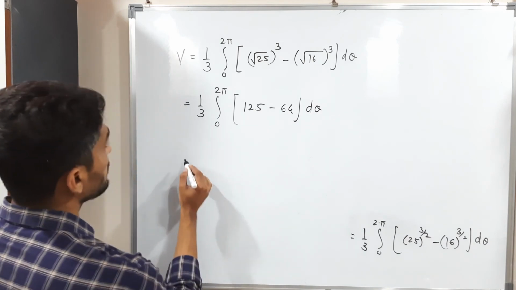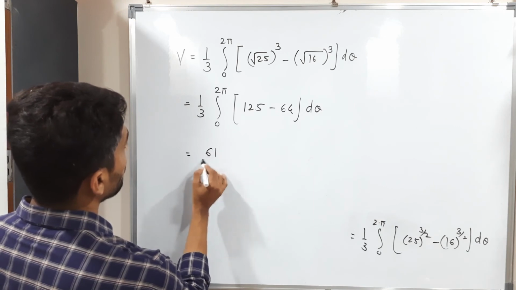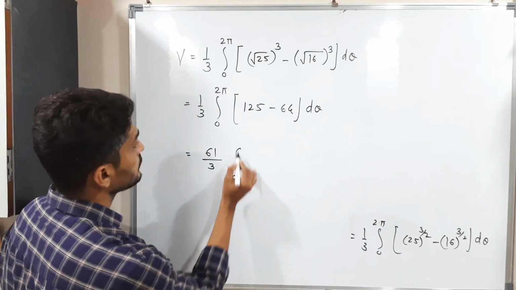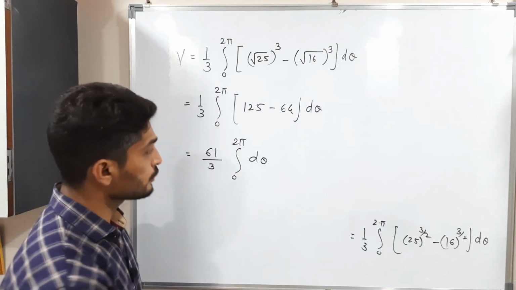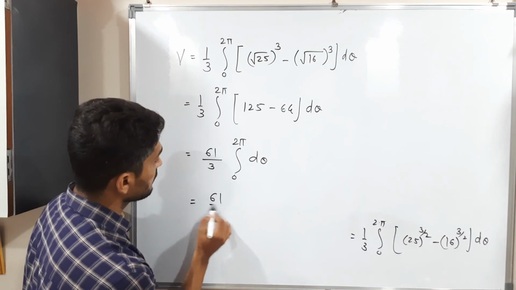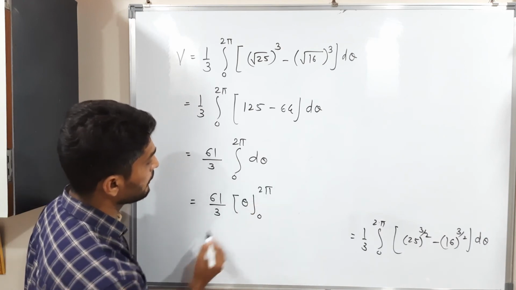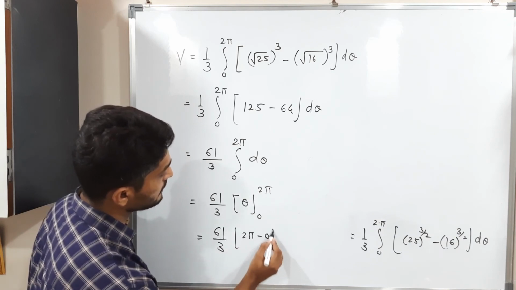What is its value? Tell me. Is it 61 by 3? Okay, integration 0 to 2 pi d theta. It's quite simple. What is integration of d theta? It's theta. 61 by 3 theta with limit 0 to 2 pi. I am putting upper limit, lower limit: 61 by 3, 2 pi minus 0.